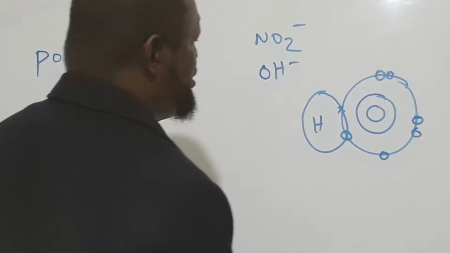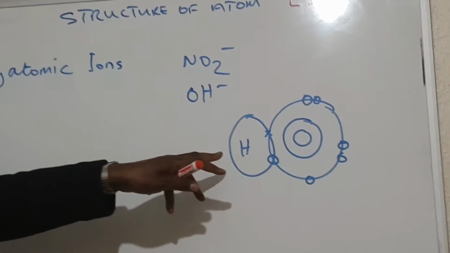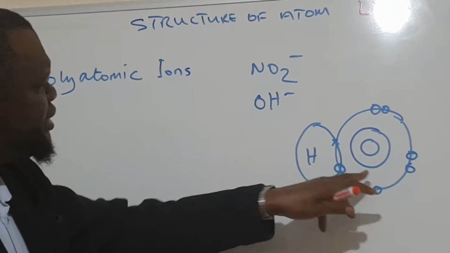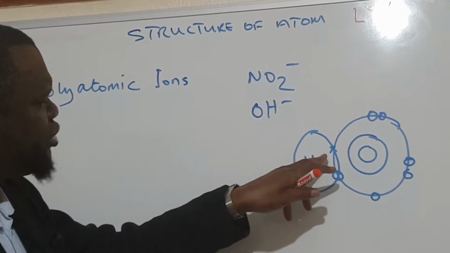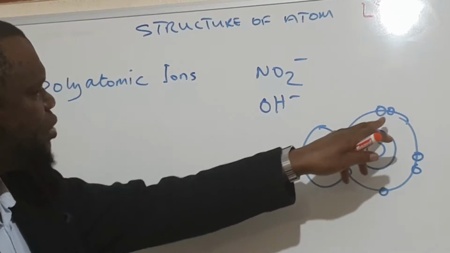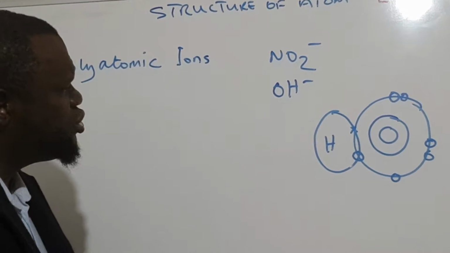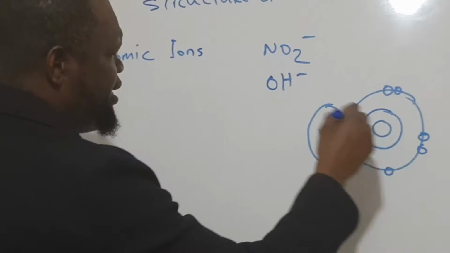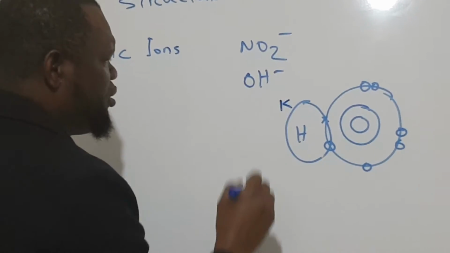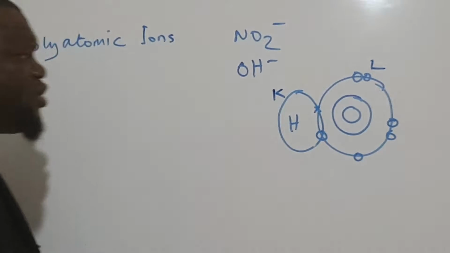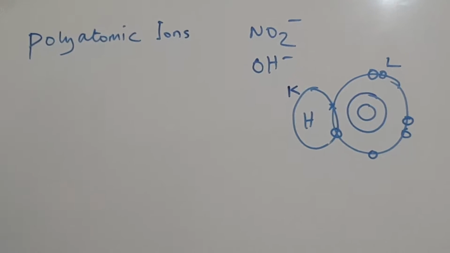Now look at it. If it forms a covalent bond with hydrogen, hydrogen contributed 1, and one of oxygen's is that. Now, this will be the K shell for hydrogen, and this will be the L shell for oxygen, isn't it?